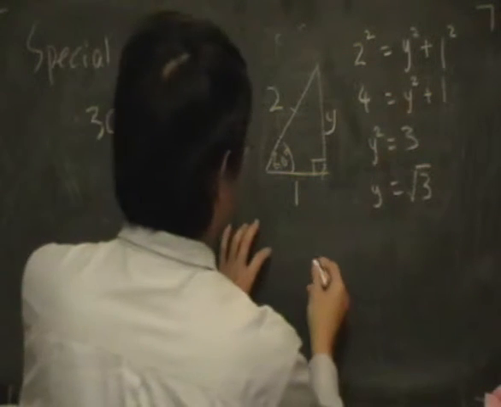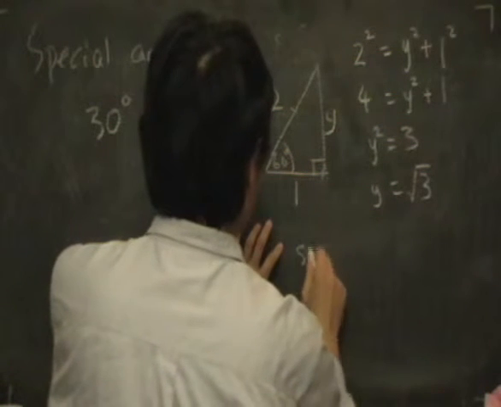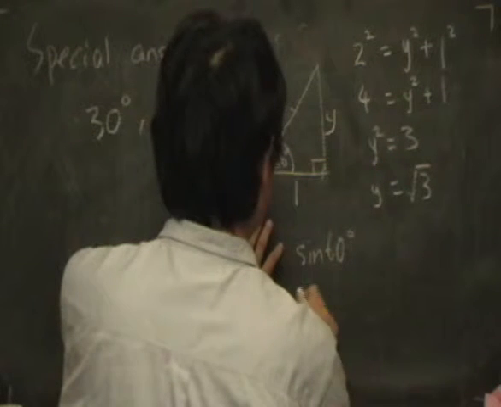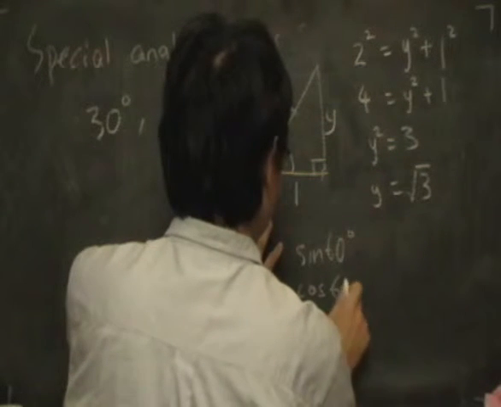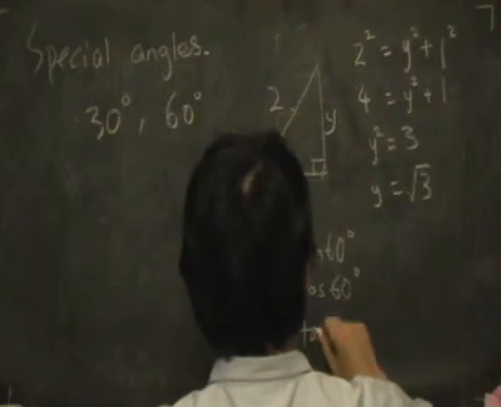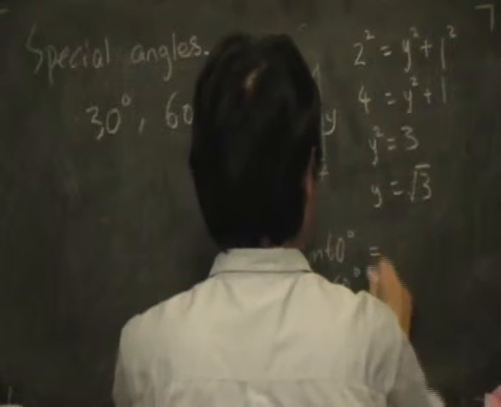Alright. Okay, I'll write it down here. Sine 60 degrees, cosine 60 degrees, tangent 60 degrees.